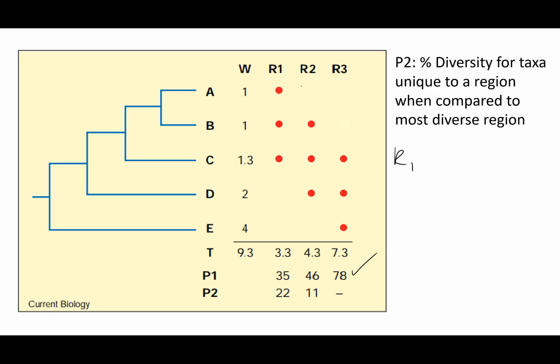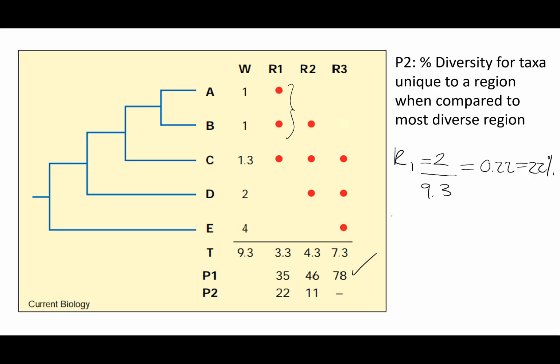If we look at this, species A and B are found in region 1 but not in region 3. So we add up their weight scores, which would be 2, and we divide it by the total taxic diversity score for the entire tree and all of the taxa. That gives us a score of 0.22 rounded up, which gives us 22%.